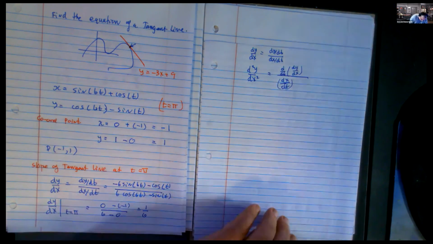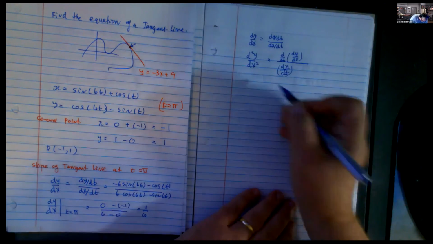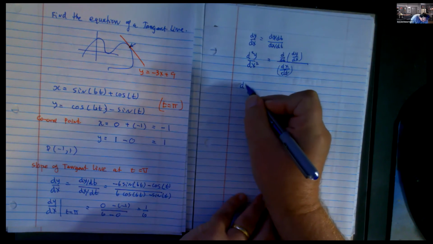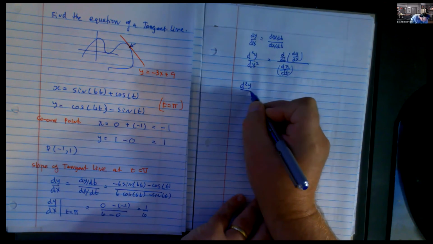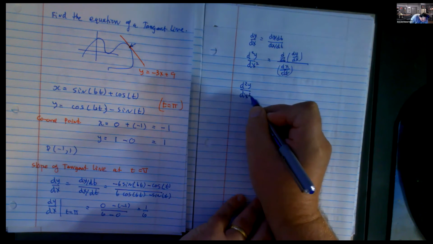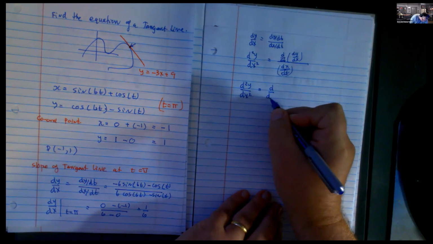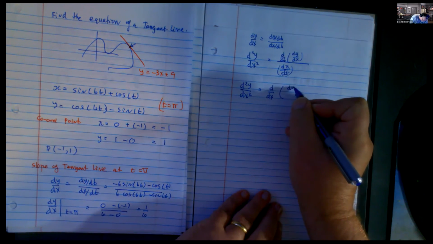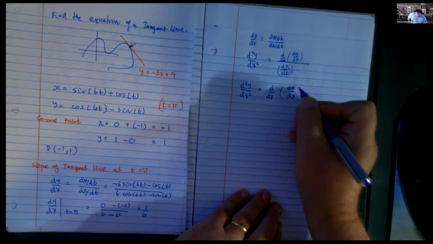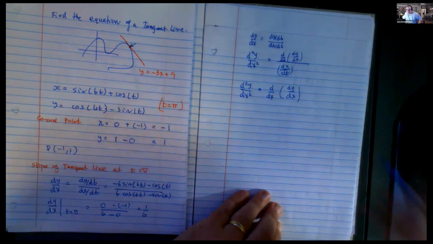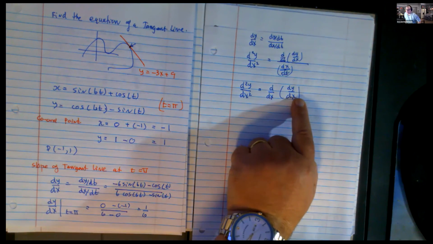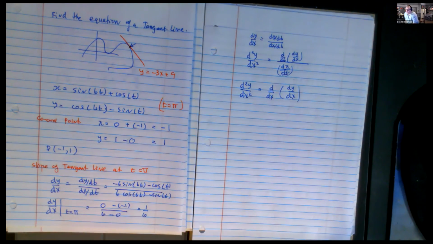So let me try and do a sort of pseudo proof of this. It's not a formal proof, but it's the best I can do. Isn't the second derivative basically differentiating the first derivative with respect to x? That makes sense.